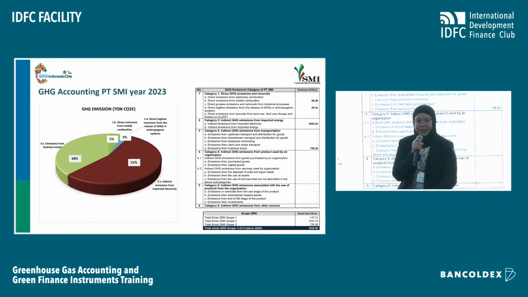As our speaker mentioned before, the company's administrative building currently has the highest GHG from imported electricity. The second one comes from emission from business travel, 38%. The third comes from direct emission from mobile combustion, and the last comes from direct fugitive emission. So this is the calculation.